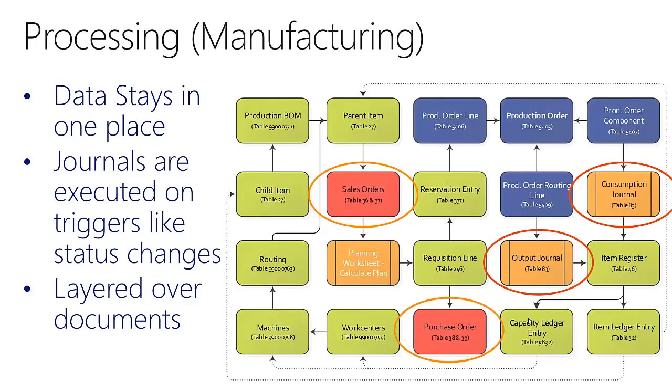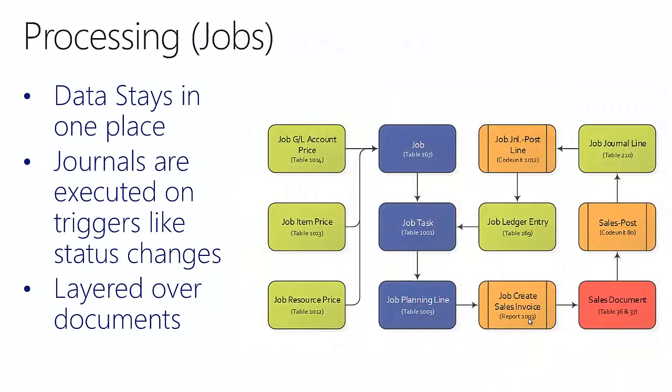When finished, the production orders get a status, but never leave the table. The same applies for jobs. During a job, we can create many job ledger entries that can be invoiced on multiple documents, but the job never moves out of the table.